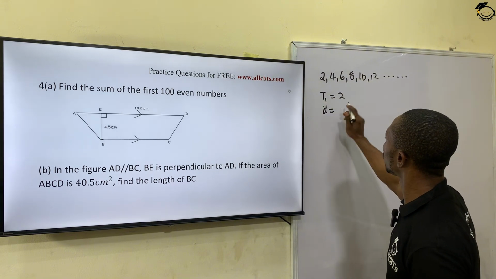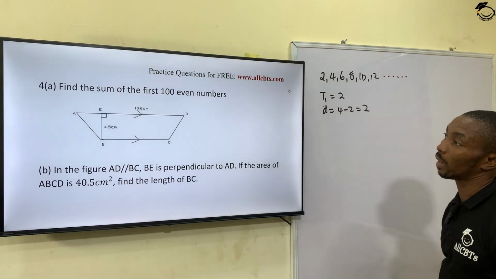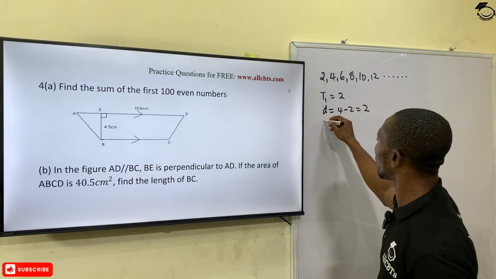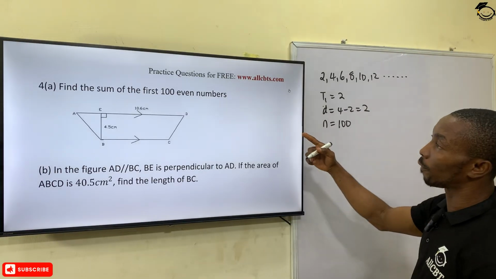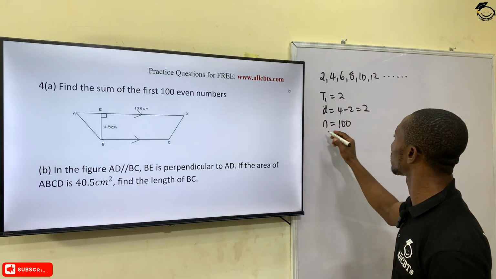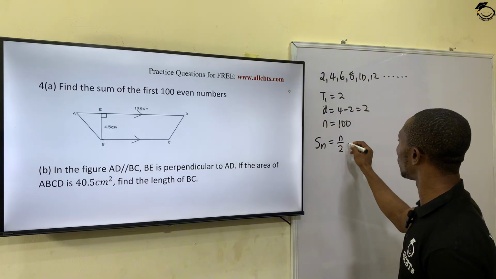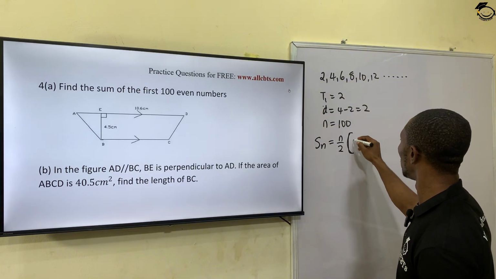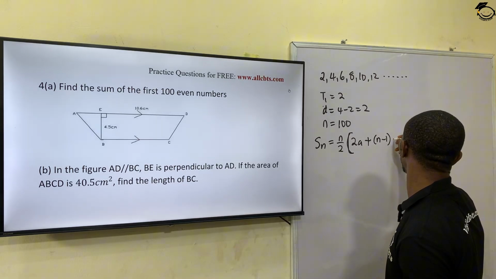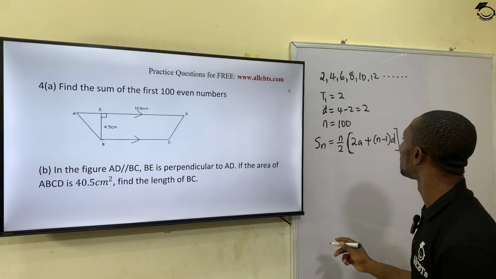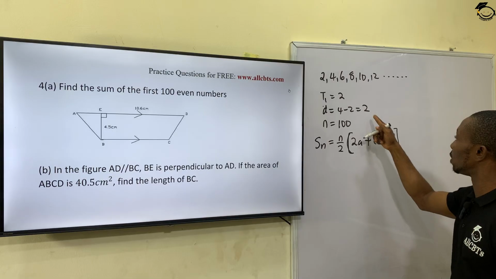That is 4 minus 2, which will give us 2. Now, to find the sum of the first 100 terms, our number of terms, n, is 100. We are going to use the formula Sn equals n over 2, bracket open, 2a plus n minus 1 d. Where our n is 100, a is 2, and our common difference is 2.